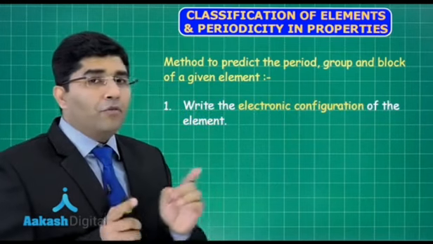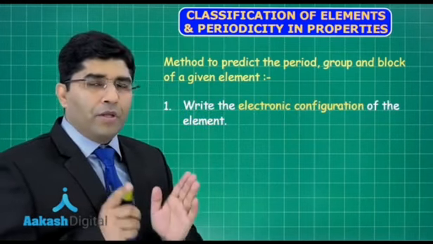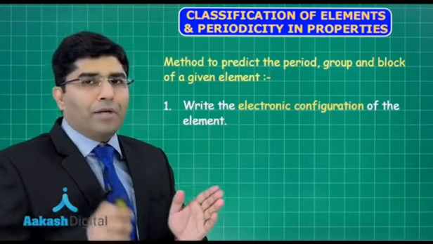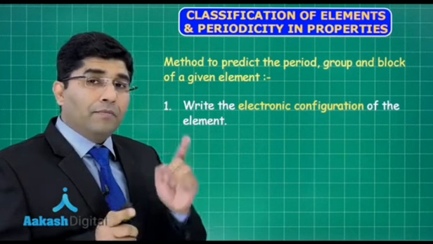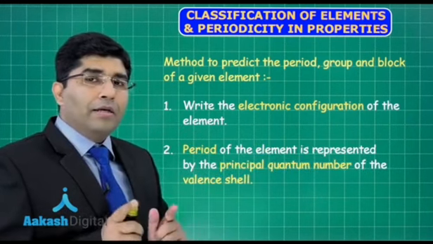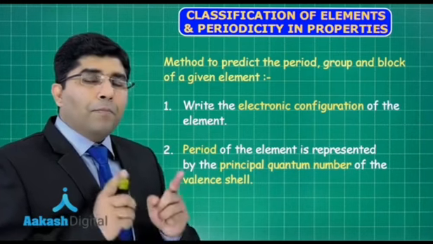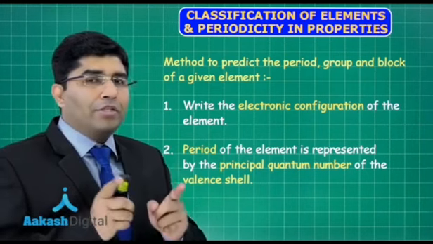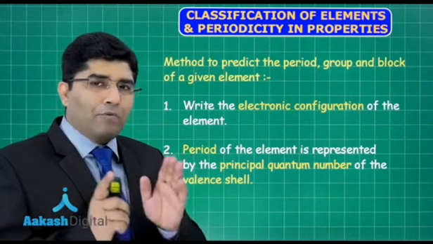First, we have to write down the electronic configuration, right? How to write the electronic configuration we have discussed in chapter number 2. Then, after writing the electronic configuration, the period is given by the principal quantum number of the valence shell. We will take an example for that.